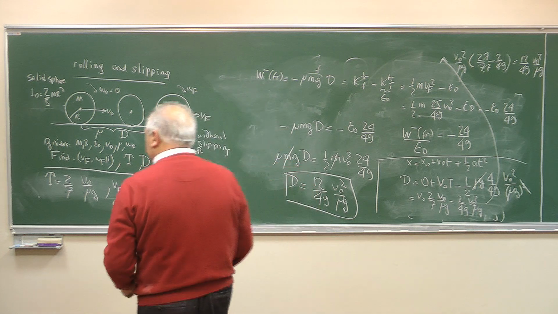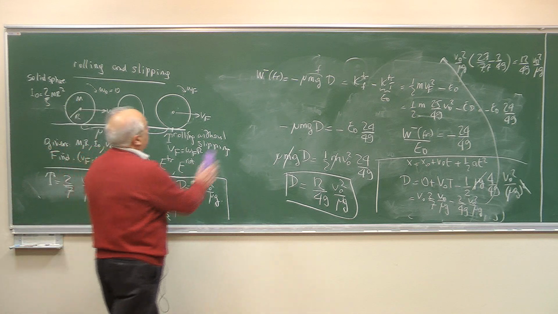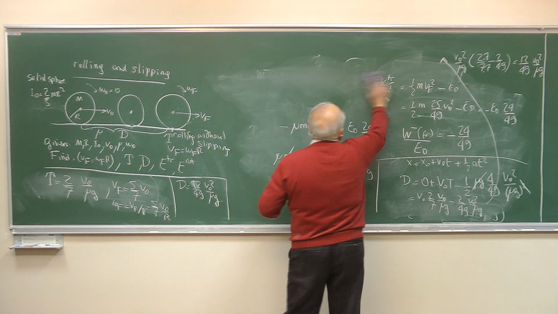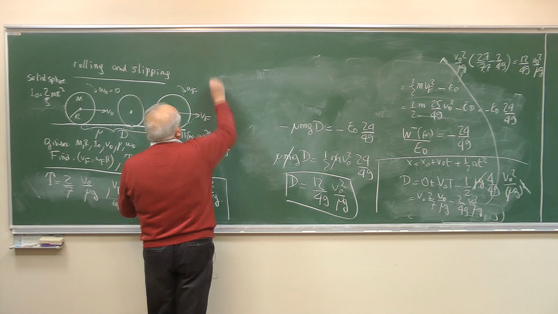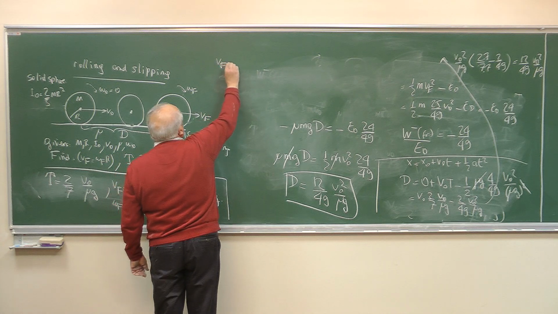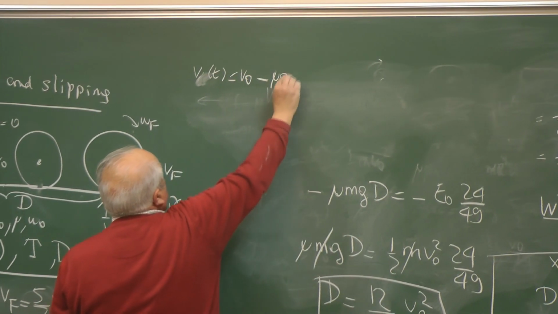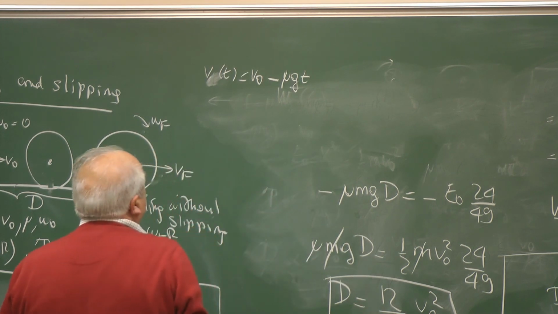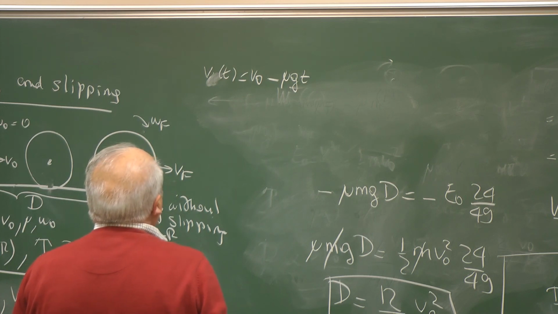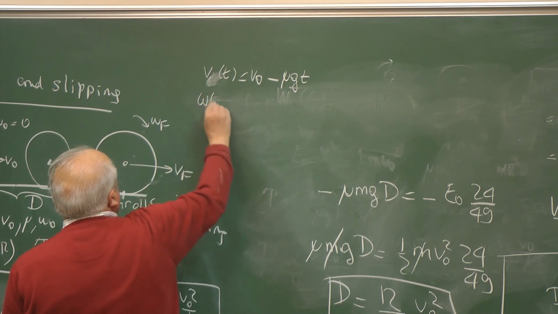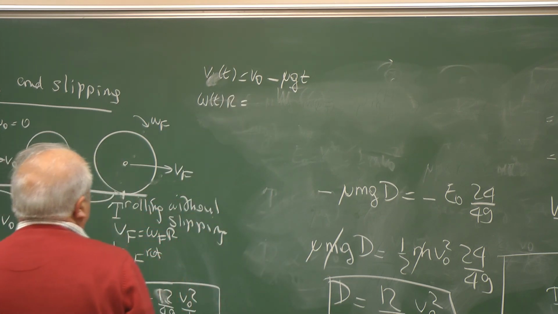And perhaps I should indicate that, remember V of t was V0 minus mu g t, and omega t r was alpha RT.